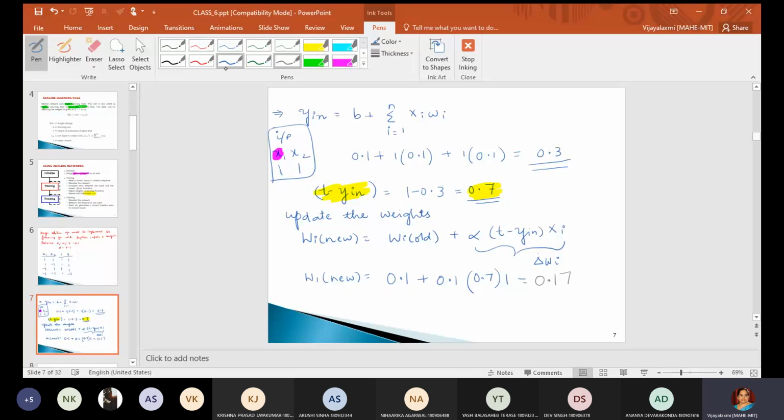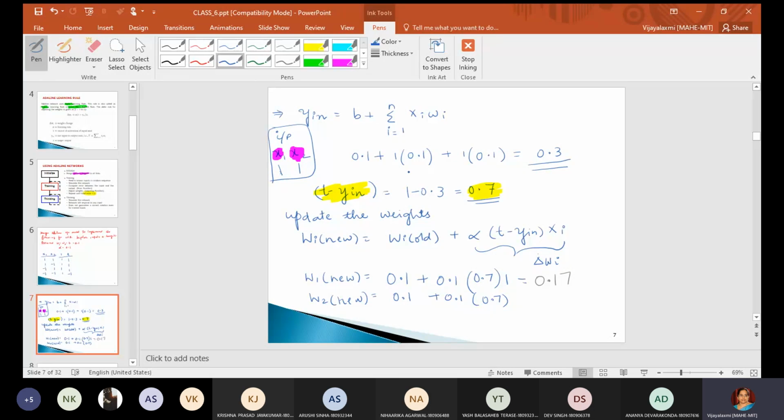Similarly, calculate W2 new. It is equal to W2 old 0.1 plus same thing, 0.1 into t minus y in, same. In this case x2 is also equal to 1.